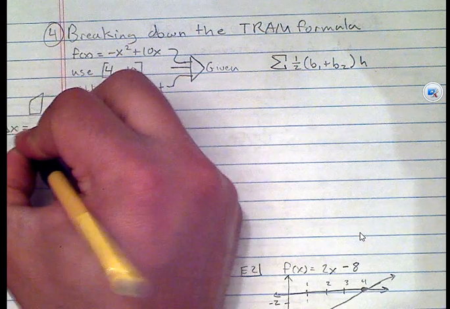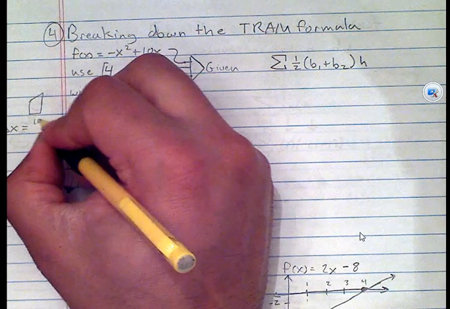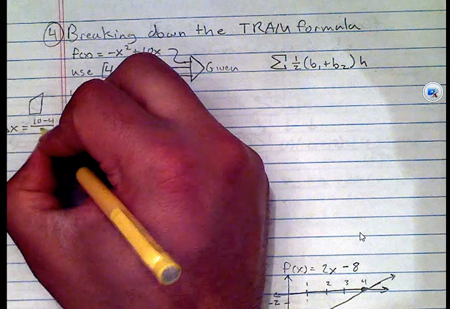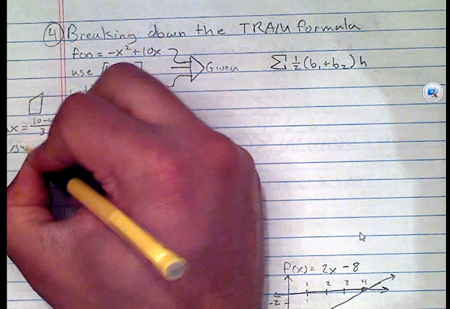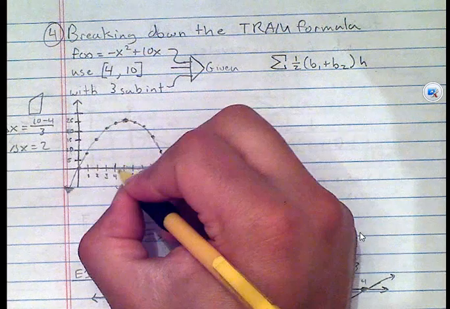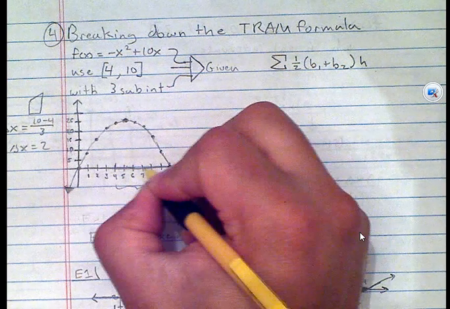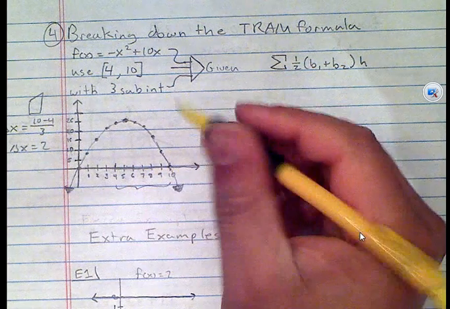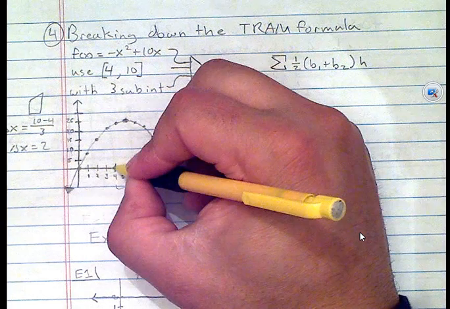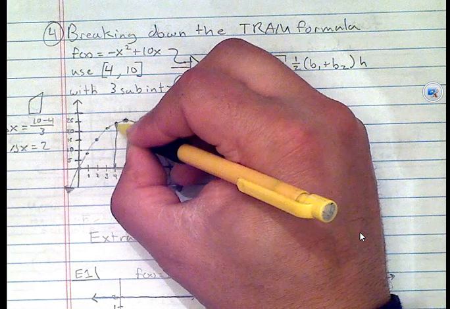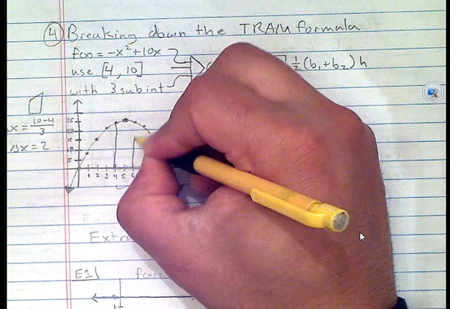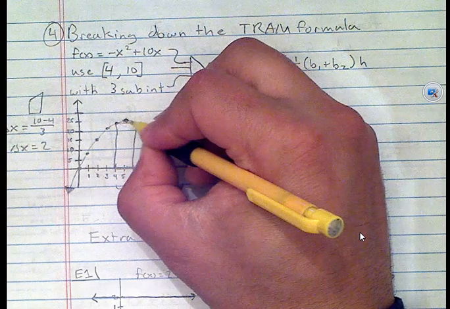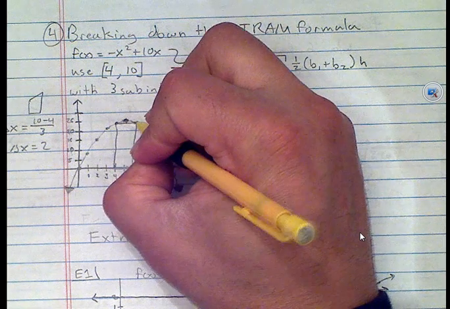Delta x is 10 minus 4 over 3 subintervals. So 6 over 3 is 2. So I know that each of these trapezoids is going to be 2 units wide. And so I'm going to go here, here. Wow, oh my goodness. That just looks like a rectangle.